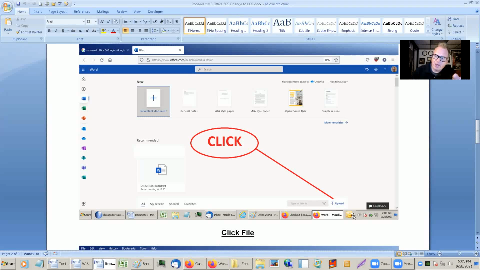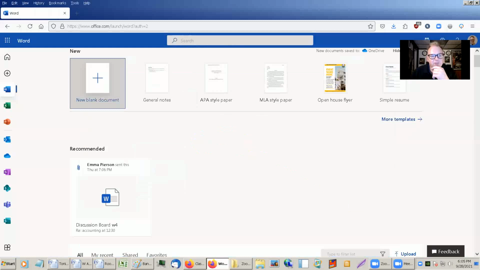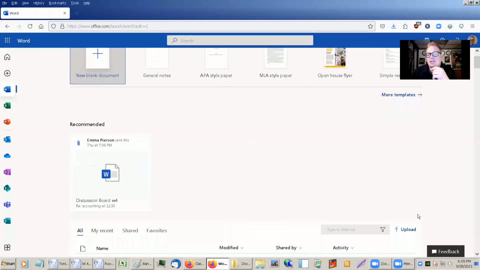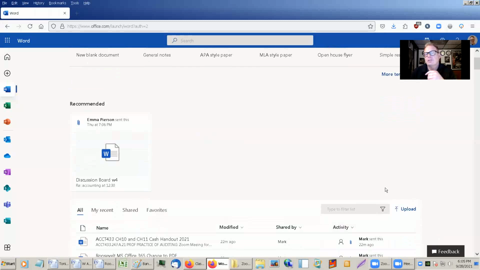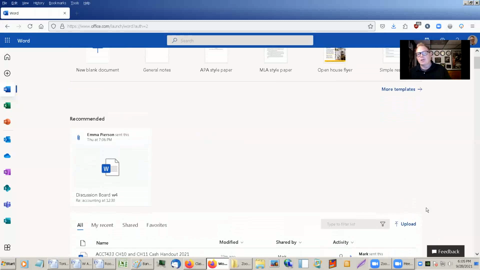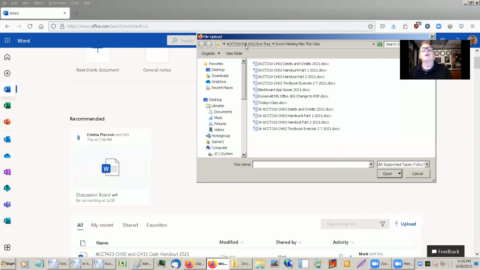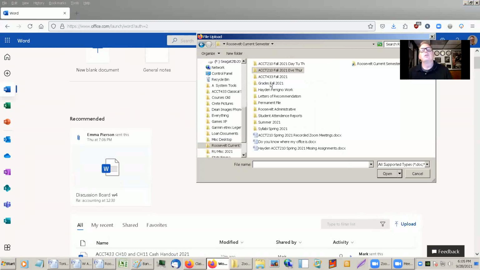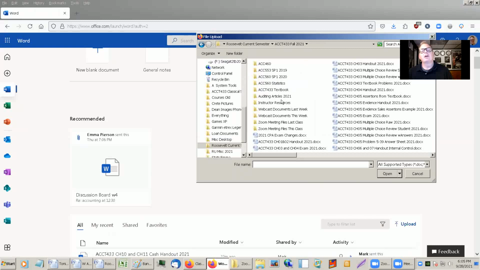That way you can edit it. So again, it's a little bit hidden down here, but with this upload option, we can upload the file. So I'm going to upload a file from our class.